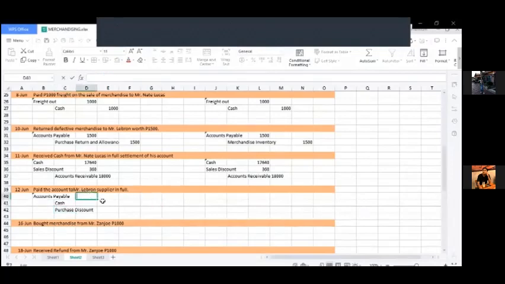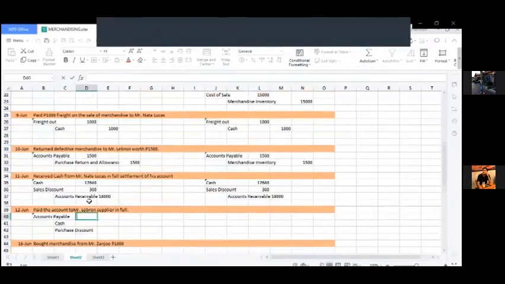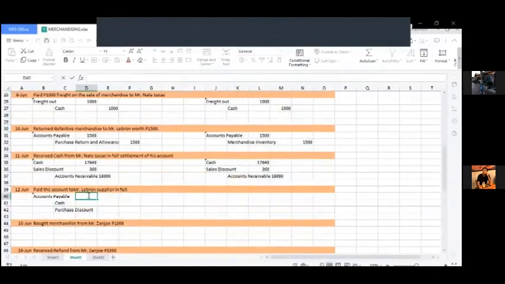Accounts payable, magkano yung accounts payable natin? 29,500 less 1,500, magkano yun? 28,000. So, meron tayong accounts payable na 28,000 and 28,000 times 2% purchase discount, magkano yun? 560. And magkano yung babayaran nating cash? Babayaran nating cash is 27,440.